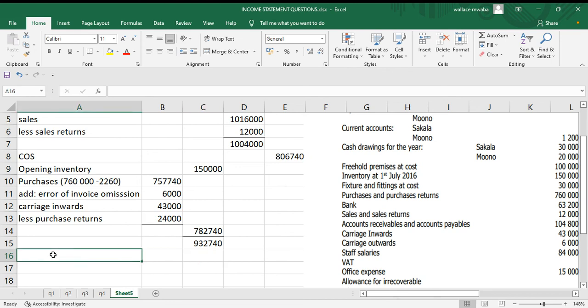And we're going to say less closing inventory. Given our value for closing inventory, it was 136,000.